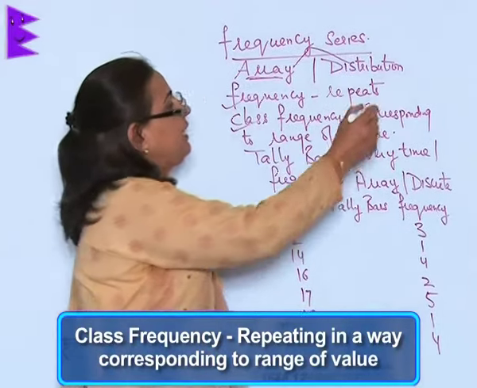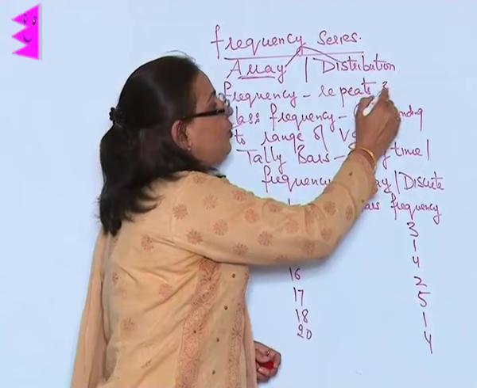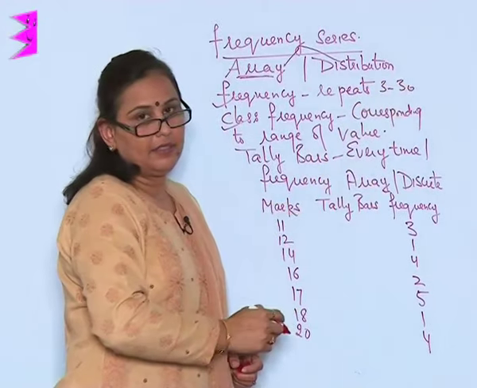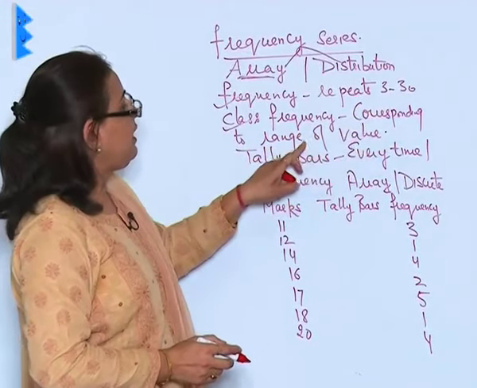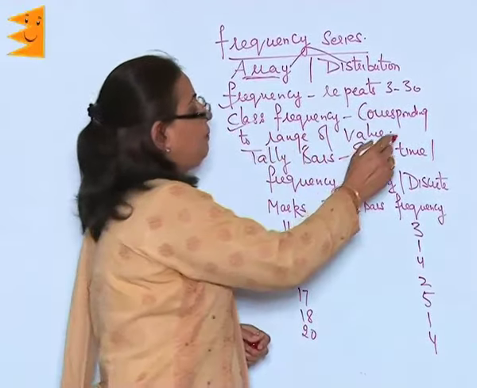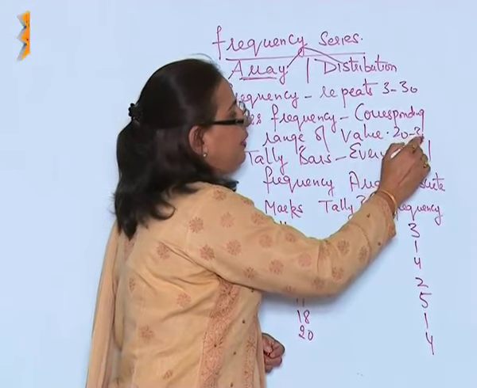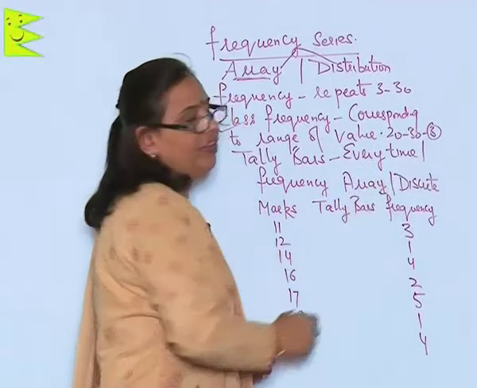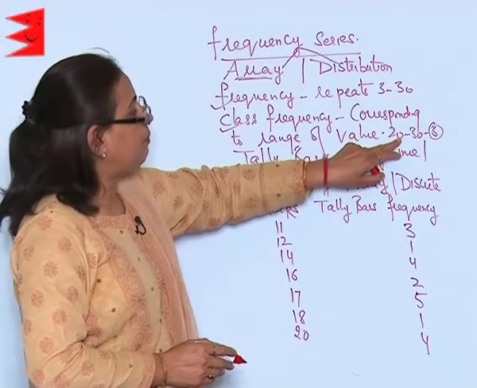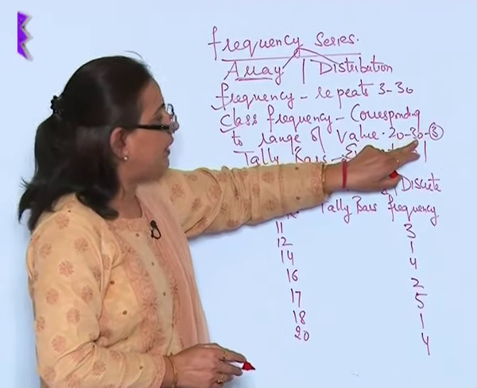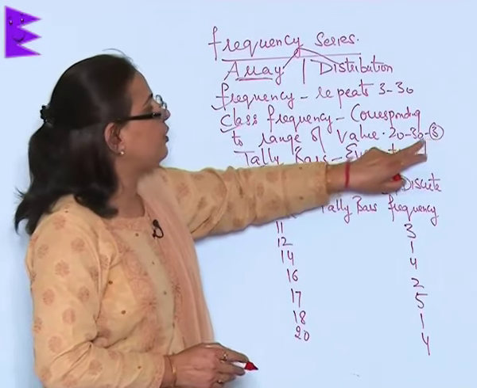For example, here I said 3 students have got 30 marks. But when I talk of the corresponding range of values, I will say between 20 to 30, there are 3 students who have secured these marks.